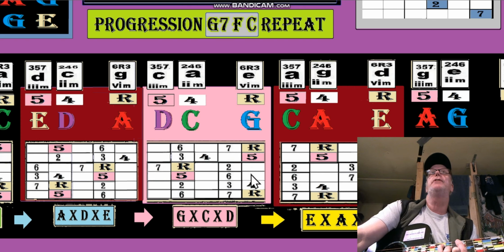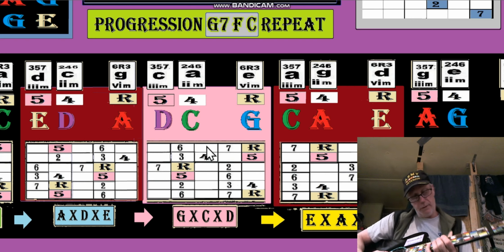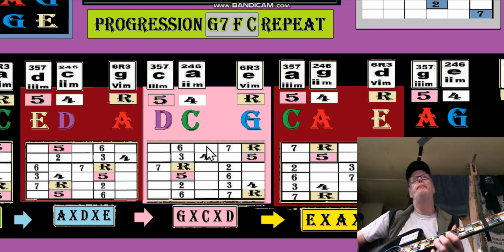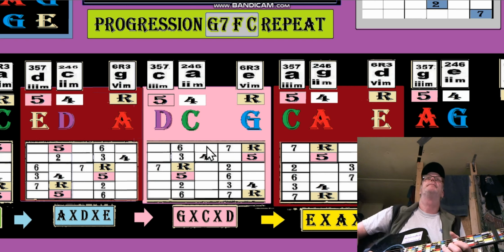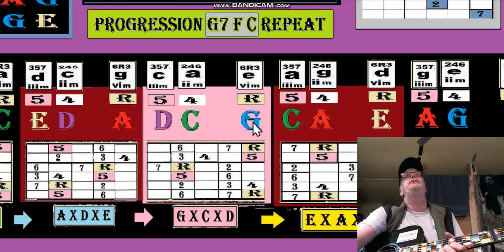So here's the C-shaped F. 4, 6, root 4. Alright, and then the G-shaped root.